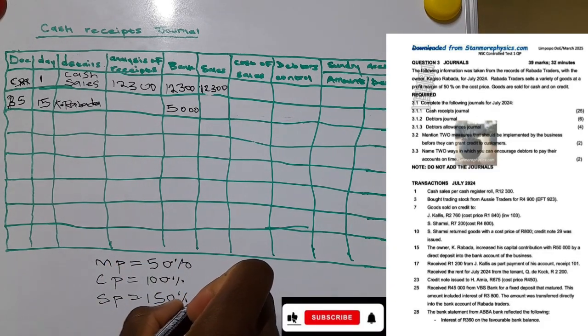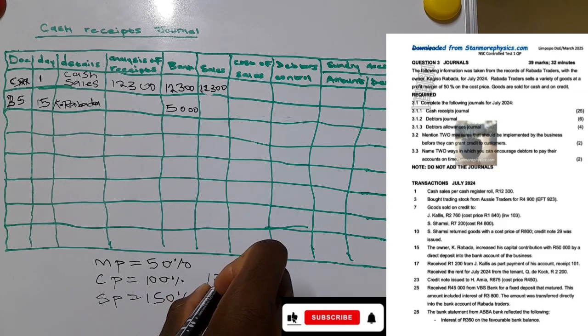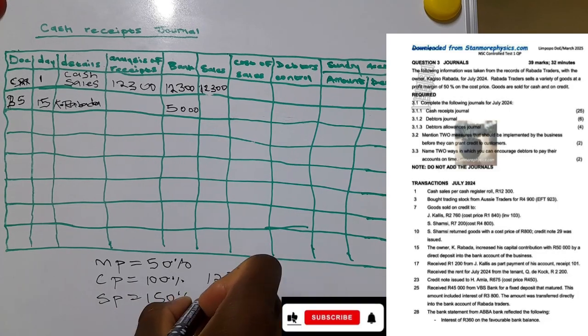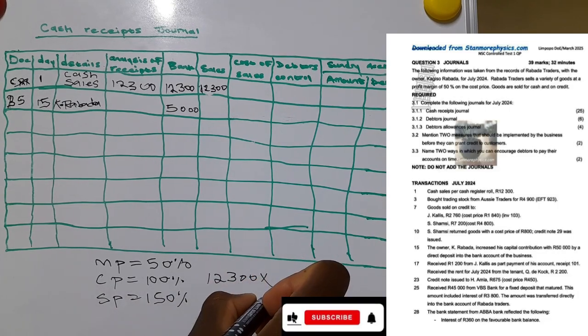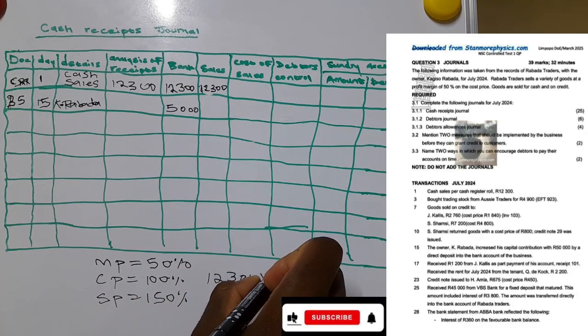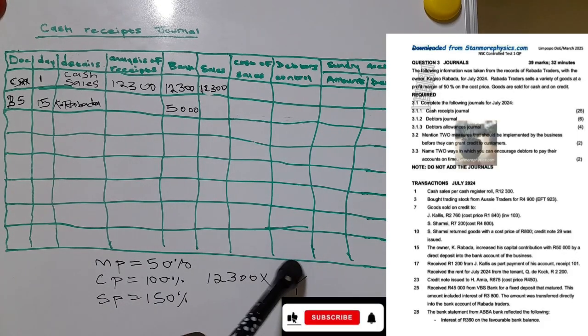Then how do we get cost of sales? Here we have sales. We are still going to use the same method: 12,300 multiplied by what you want divided by what you have. We have sales, our selling price, which equals 150.